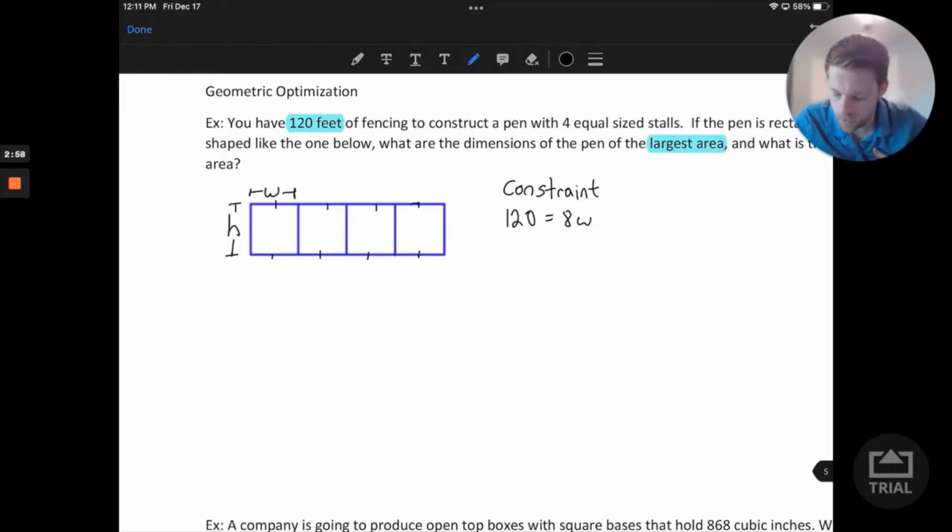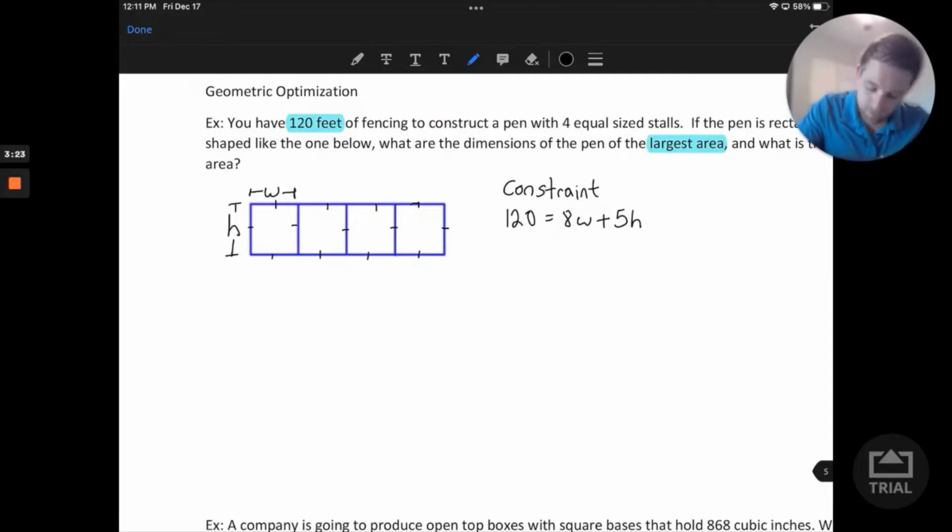And then we'll also have 1, 2, 3, 4, and 5 lengths of H size, so we can add 5H to that constraint. If I want to maximize my area, I want to use all of this material, the 120 feet of fencing, so we add those two components together to equal 120.